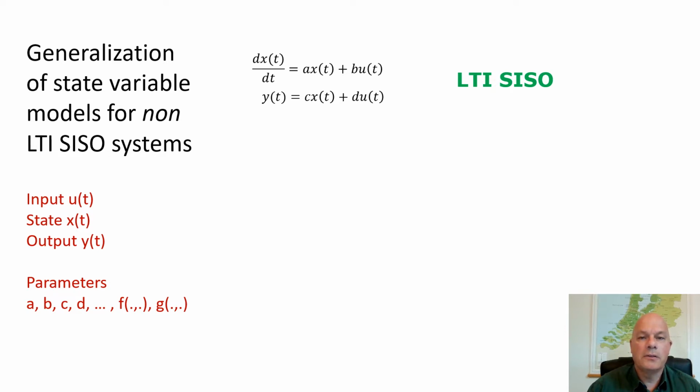Keep in mind that what I mean by that is that the input u of t and the output y of t are scalars, variables. X can be either a scalar or a vector, and you've seen more complex systems, I believe, in section 4.1.